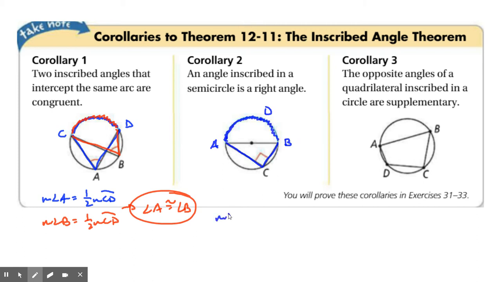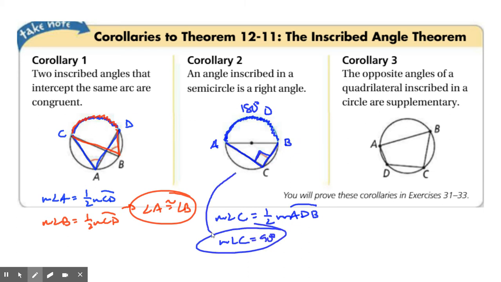So the measure of angle C in this picture is going to be half the measure of semicircle ADB. Well, we should know that a semicircle is 180 degrees. And what is half of 180? Half of 180 is 90. The measure of angle C is going to be 90 degrees. And that's what it shows.